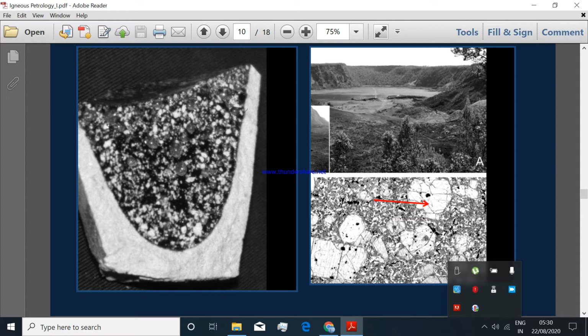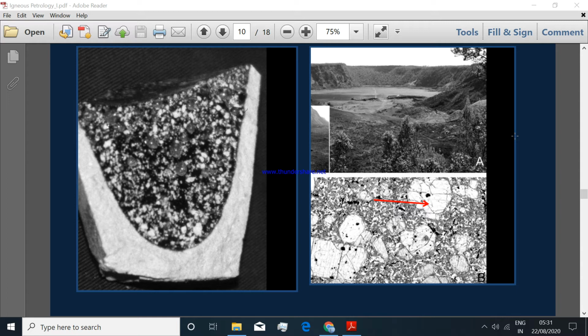This is a petrographic observation from the rock, and you can also verify this from the field. This is a core sample probably, and these are the phenocrystic phases. This one, this one, this one, and this black portion is the matrix of the rock.